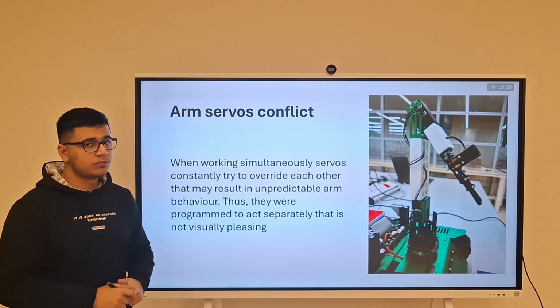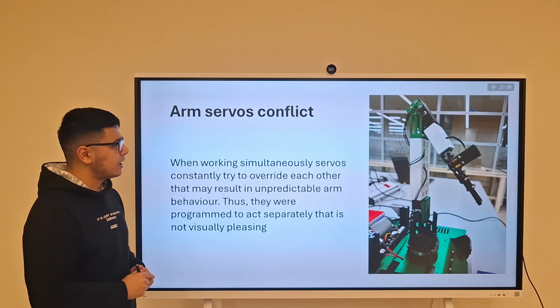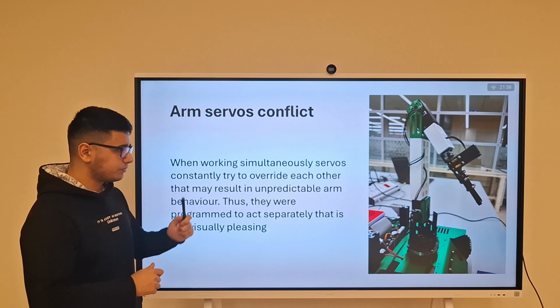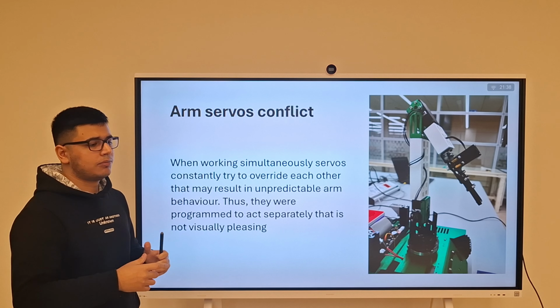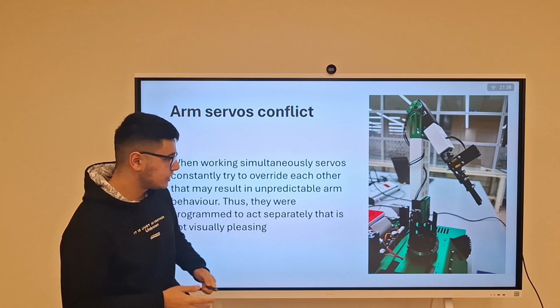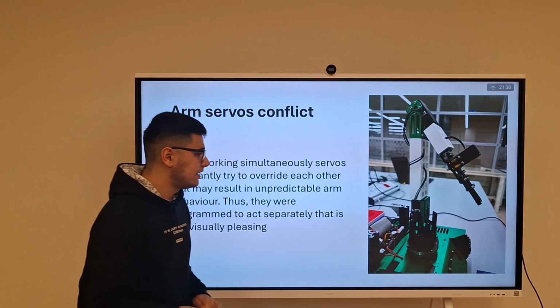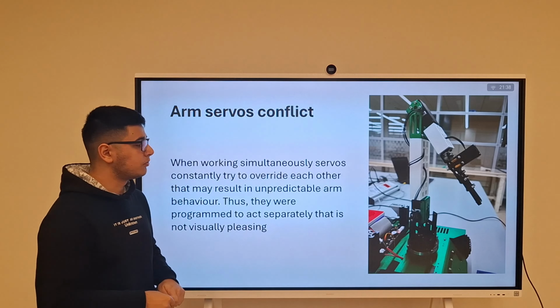And the next conflict is the arm servos conflict. What happens here? We try to do our arm manipulation based purely on kinematics, but what problems occur there? Our servos are connected to each other in series, and this creates some sort of arm override, an arm conflict.